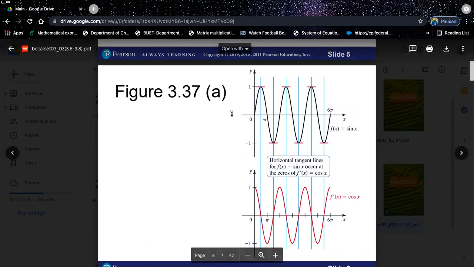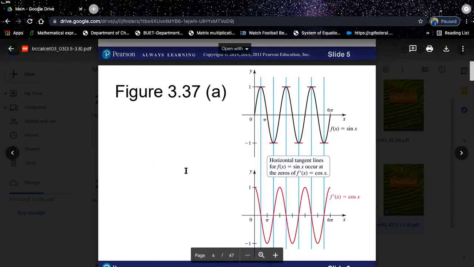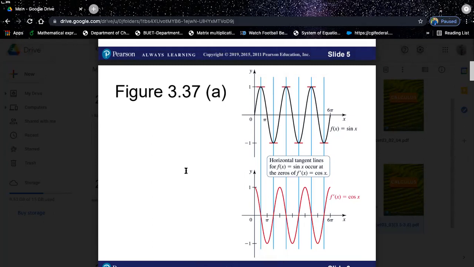And if you remember, we said whenever a tangent line is parallel to the x-axis, it's either creating a 0-degree angle or a 180-degree angle, right? Whenever two lines are parallel, the angle between those is either 0 or 180, right?